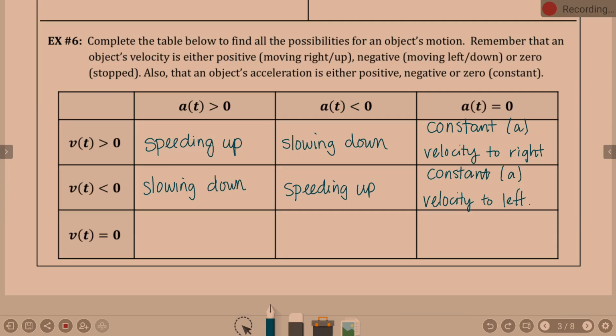Okay, acceleration is positive, or greater than 0, but velocity is 0. So our acceleration is going to push right or up. But because you have a velocity of 0, your particle has to be stopped. Earlier, the velocity hit 0 for a second, but then it continued into the negative area.